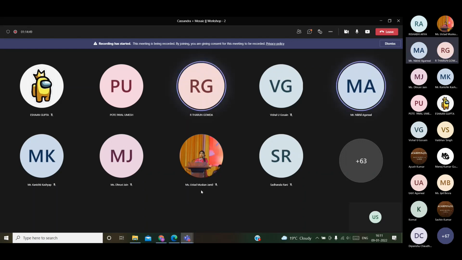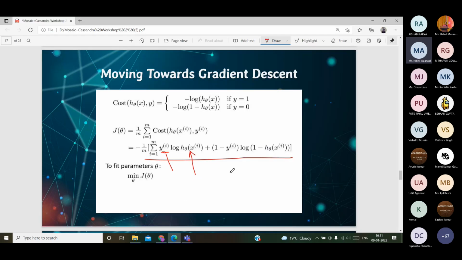So basically, h theta x is the regression model. It is what we get from the model. This is basically the output we are given. We are given the data set, x and y.